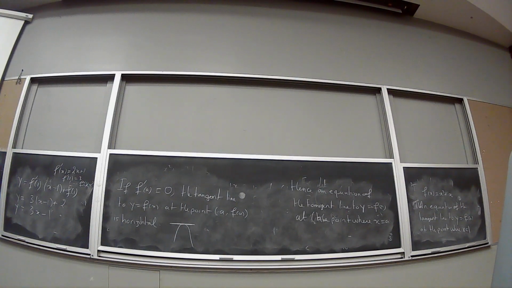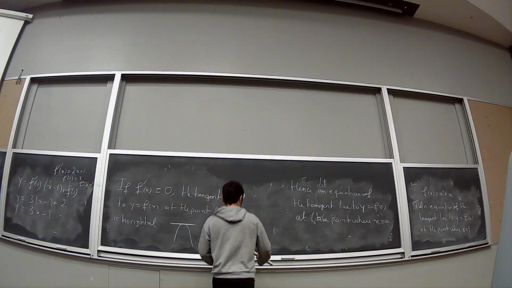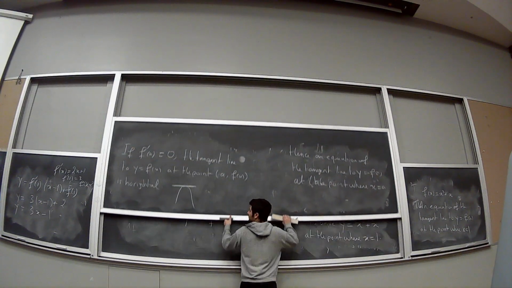If you have two perpendicular lines where none of them is vertical and none of them is horizontal, the product of the slopes is minus 1. Let's have a small recap.